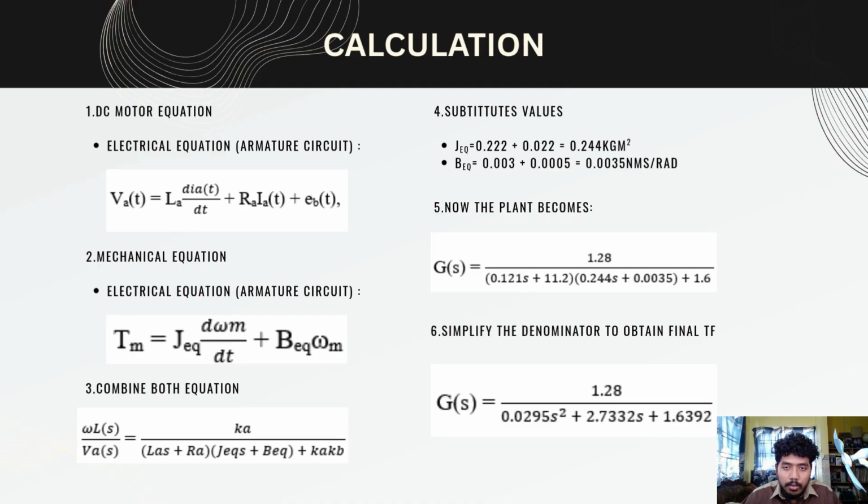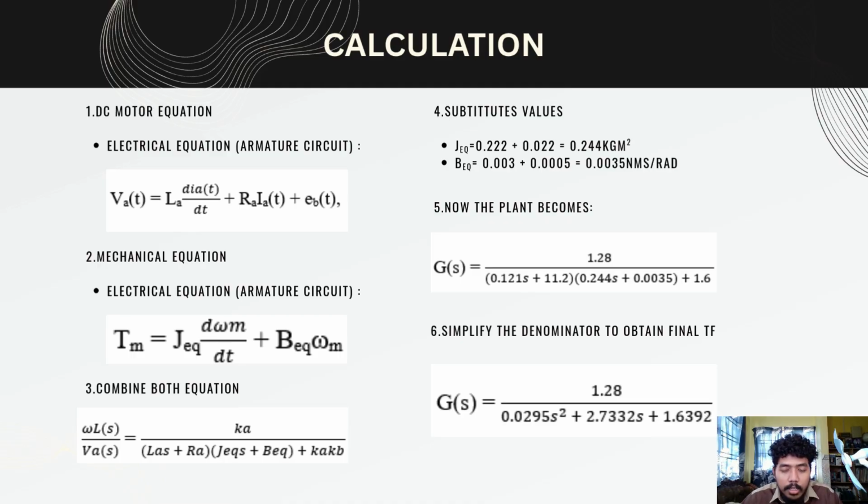By having both of these equations, we can combine them to produce omega(s) over Va(s), which is equal to Ka over (Las plus Ra) times (Jeq s plus Beq) plus Ka Kb.